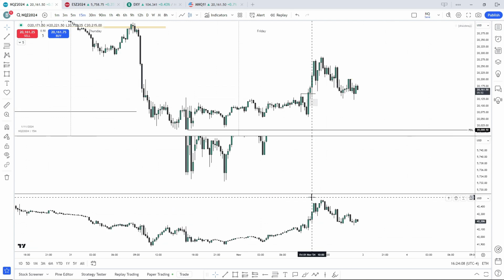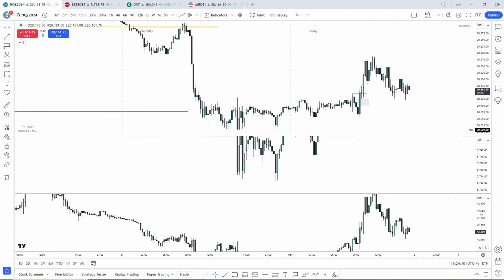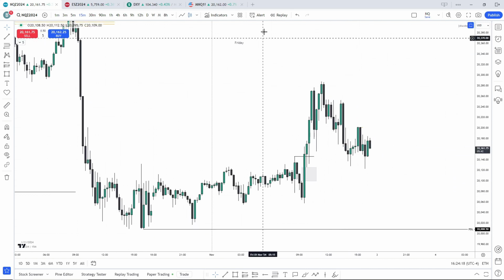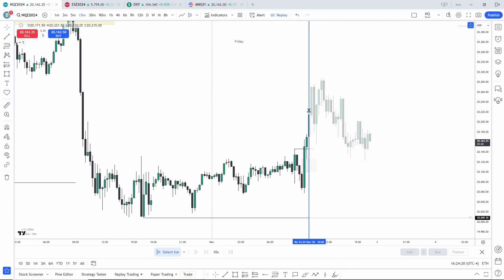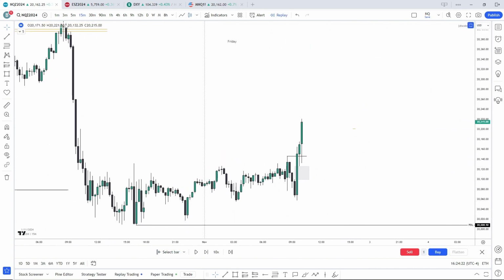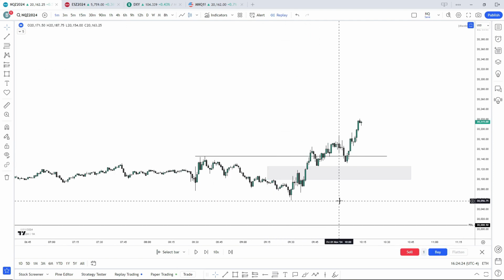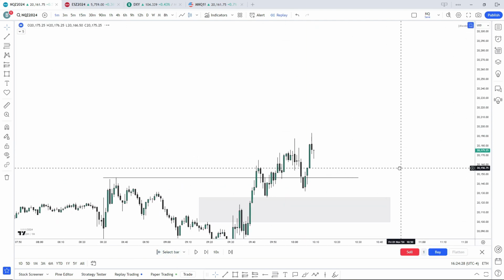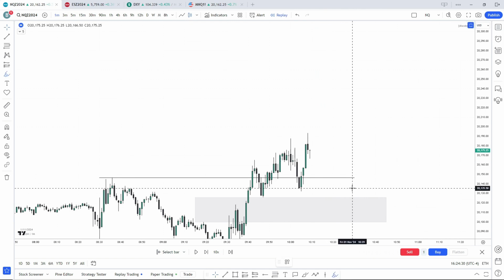And then at 10 a.m., we have YM trading into this 9:30 BISI. NQ fails to. And I'll bet you your bottom dollar that there's going to be a breaker here. Lo and behold, what do we see?